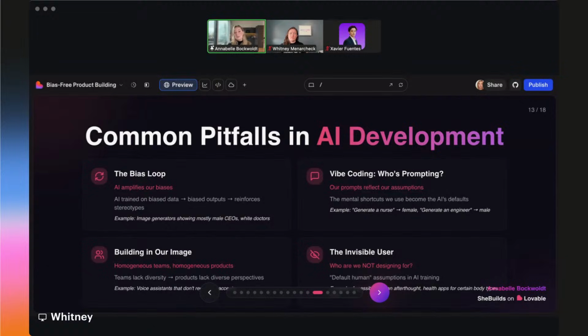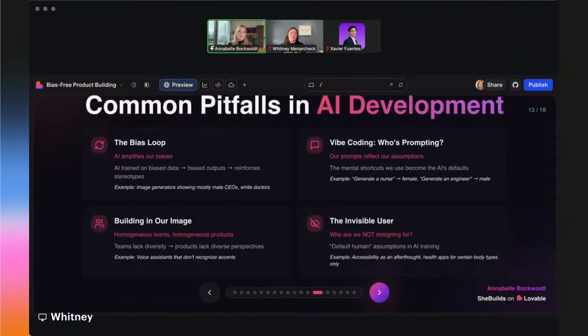If you ask an AI, please create me an image of a CEO, the probability is high that you will get an image of a male CEO. Or if you say, as we had at the entrance of our presentation today, generate a picture of a doctor, it could be a male doctor, it could be a white doctor, probability is much higher.